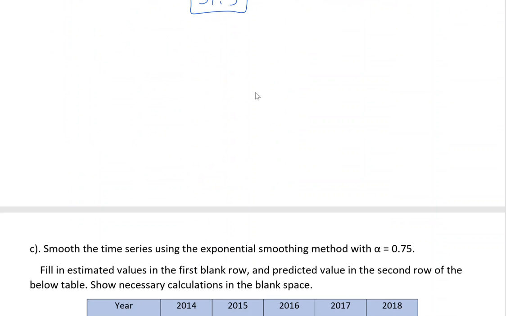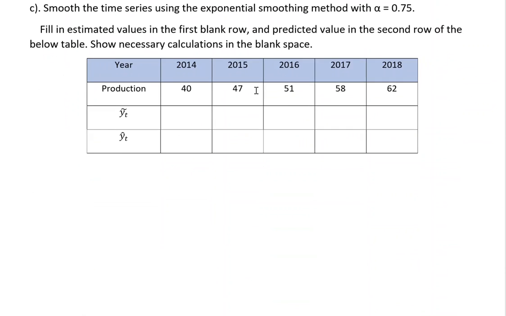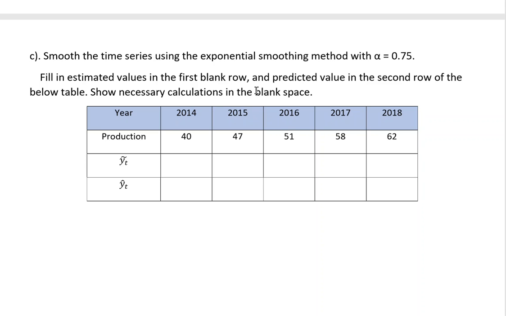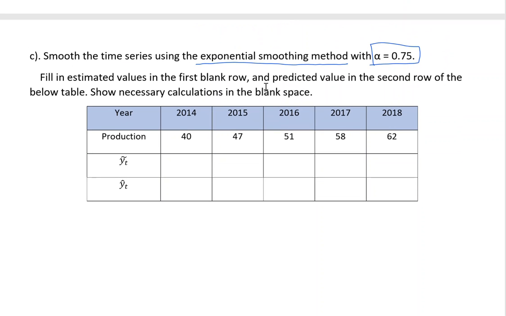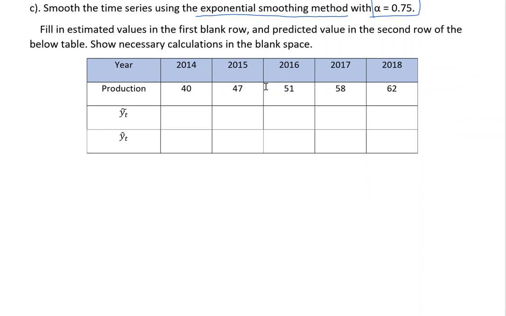All right. Okay, so next, with the same data, now we want to use the exponential smoothing method. Now we need the actual parameter, which is alpha, right? So here alpha equals to 0.75. And then first thing is to calculate the estimated value for each year, right? Okay, so now it is different with the moving average method.